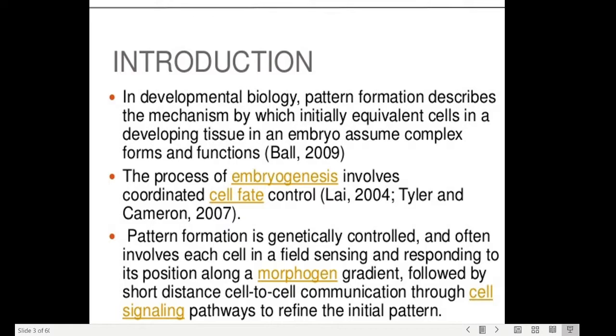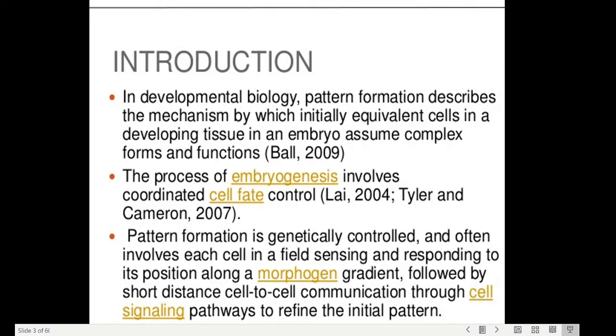The process of embryogenesis involves coordinated cell fate control. What is cell fate control? Cell fate means the cell has a specific, fixed functional development. This cell can develop as an epithelial cell, this cell can develop as a macrophage cell.